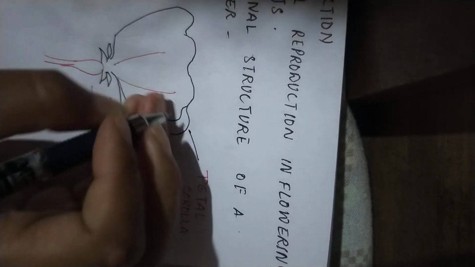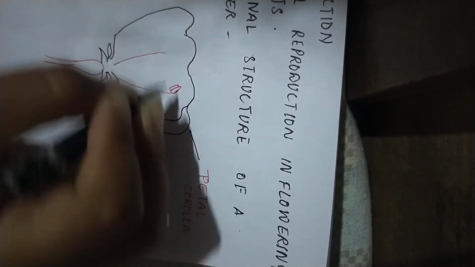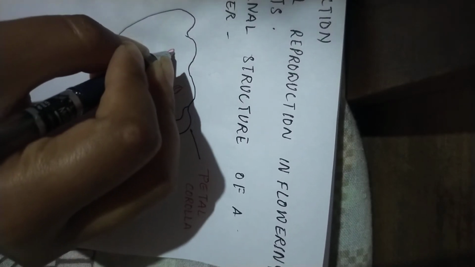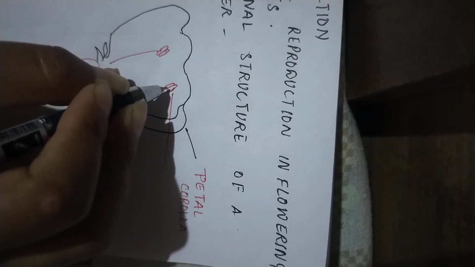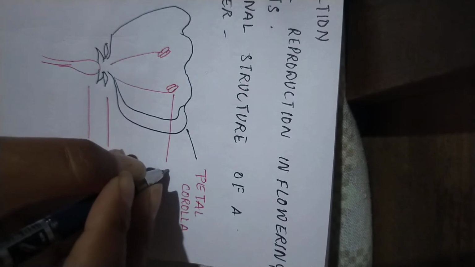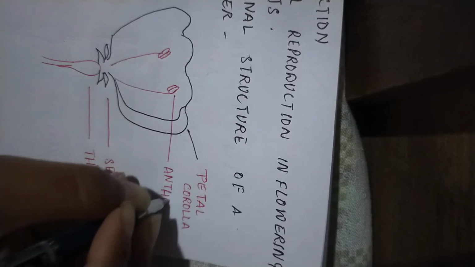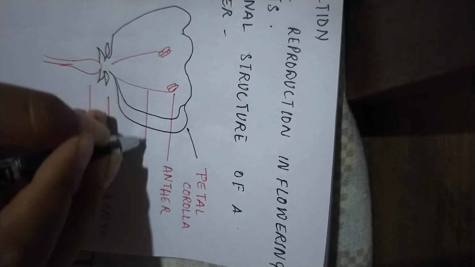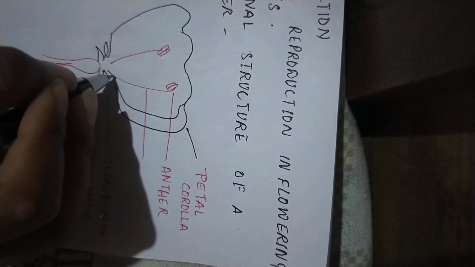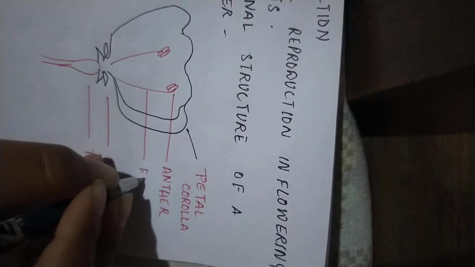The stamen consists of an upper part known as the anther, and then the long stalk which connects the anther to the lower part is known as the filament.